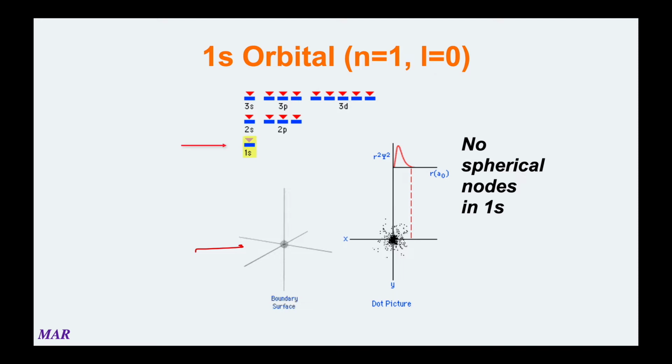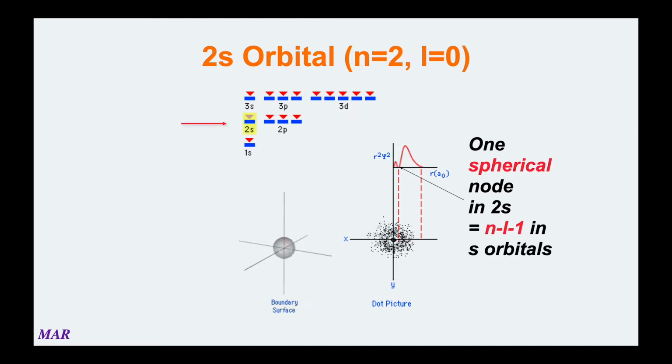Speaking of probability, psi star is the way they find the probability, all right? And if you take that, that's how they find these 90% confidence kind of things. Now, no spherical nodes. n minus L minus 1 would be 1 minus 0 minus 1, 0 spherical nodes, nothing in the 1s orbital.